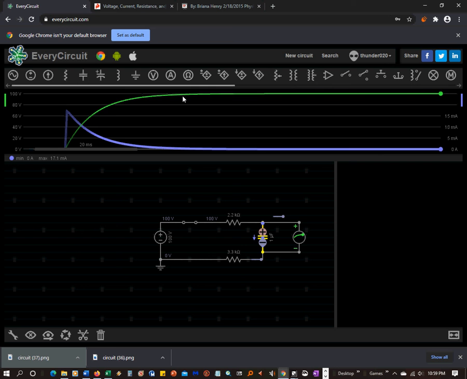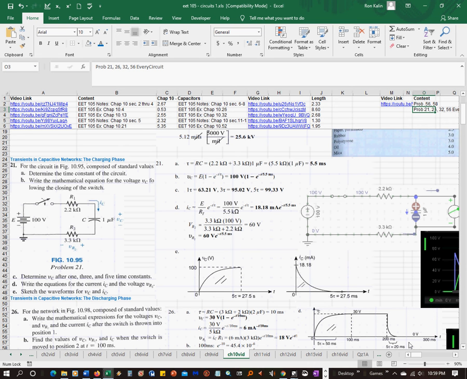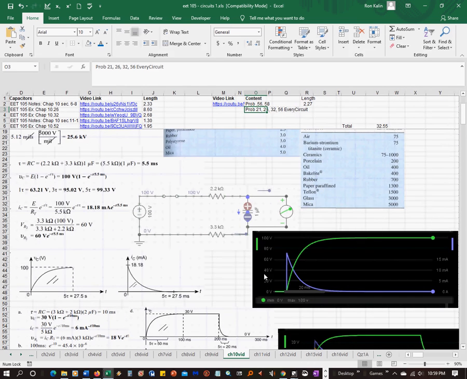So here's the Every Circuit version of this, and I put it in over here. It shows you the graph. It agrees with this graph solution from the book.